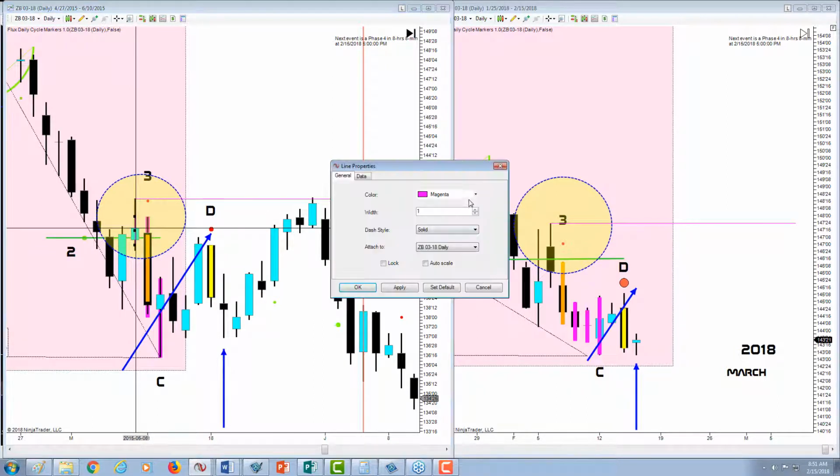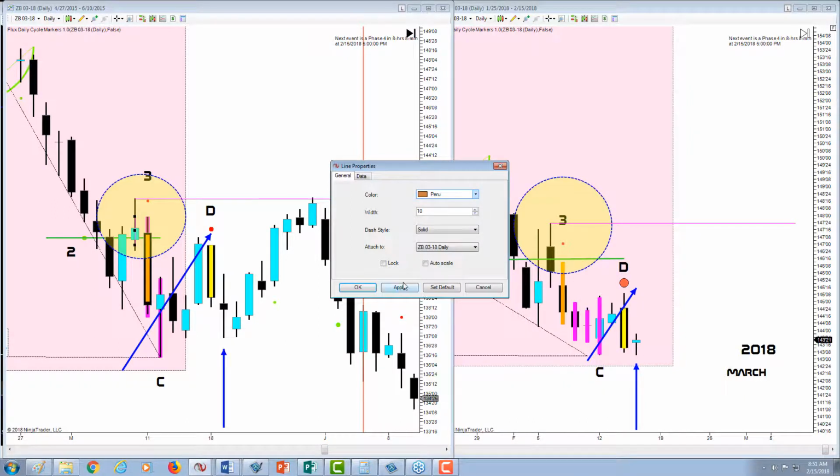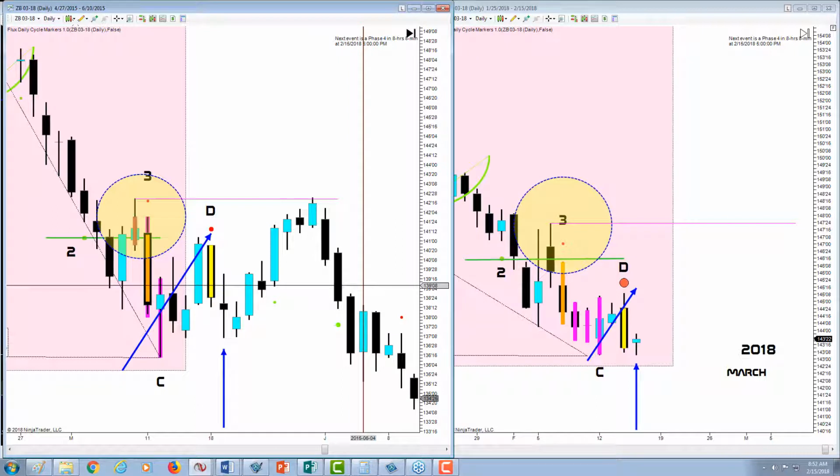Let's use a different color that really pops out. How about, I don't know, brown? Brown, because brown really pops. Yeah, there we go. But we'll draw it on both sides.